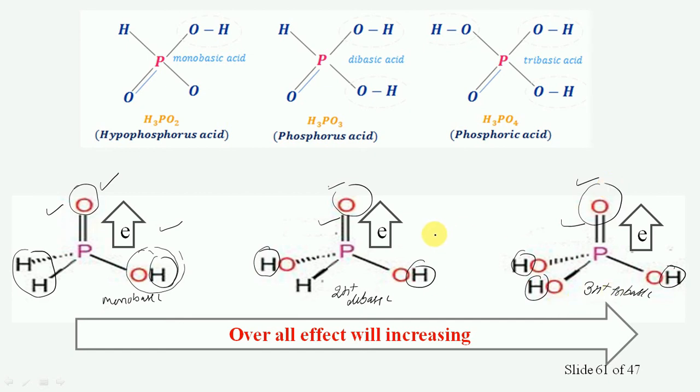So we can say that the oxoacids of phosphorus do not follow the order of the previous ones.